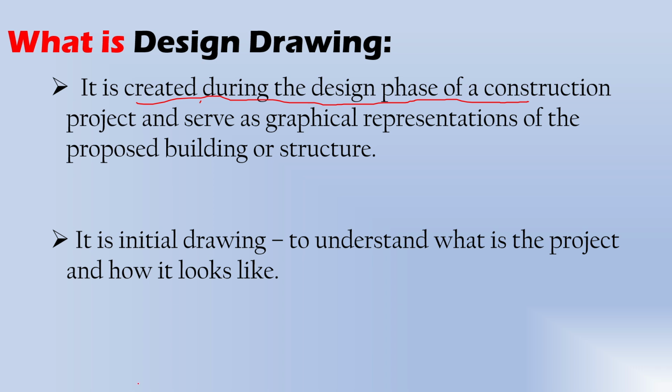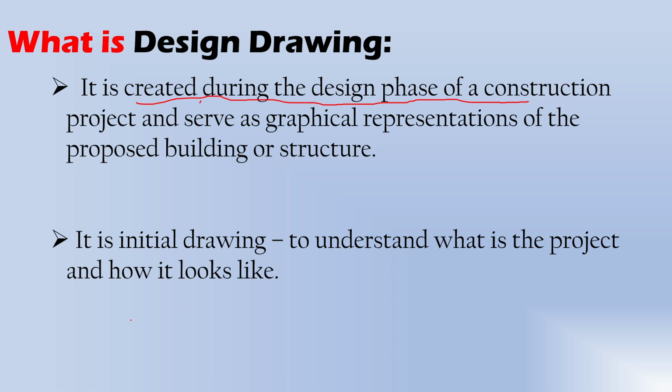As I told you in the previous slide, if you have a G+4 project, you are going to design a G+4 construction. This design drawing is the initial layout, how the building will look and what major things you will consider in the building. This graphical representation is called design drawing.